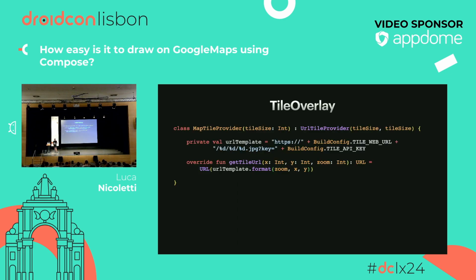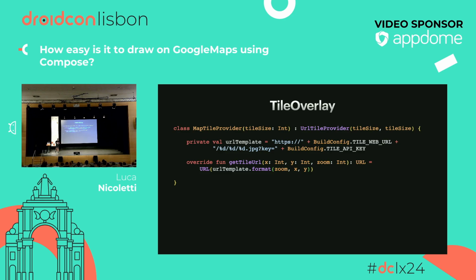There's another one, which is way easier to use. It's a URL tile provider. The URL tile provider gives us a function which is getTileUrl. We receive the X, Y, and zoom, and we need to return a URL.